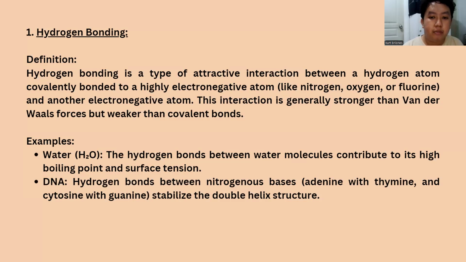The hydrogen bonds between the water molecules contribute to its high boiling point and surface tension. Second example is the DNA. Hydrogen bonds between the nitrogenous bases, like adenine with thymine and cytosine with guanine, stabilize the double helix structure.